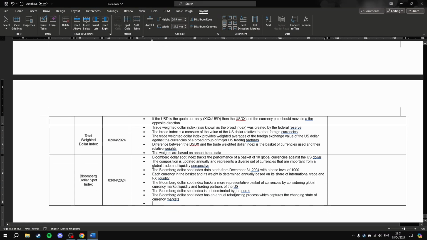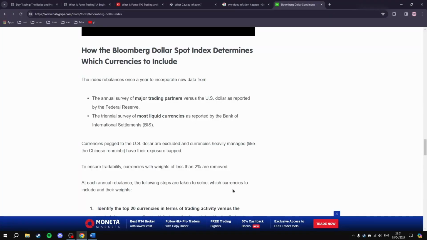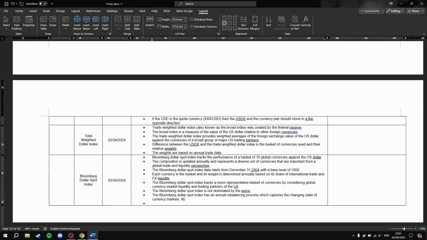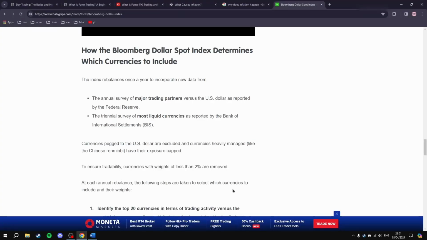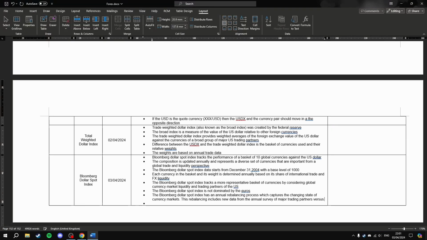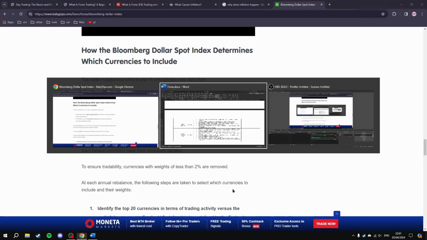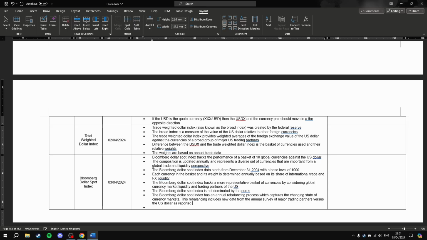So, this rebalancing includes new data from the annual survey of major trading partners versus the US dollar as reported by the Federal Reserve.